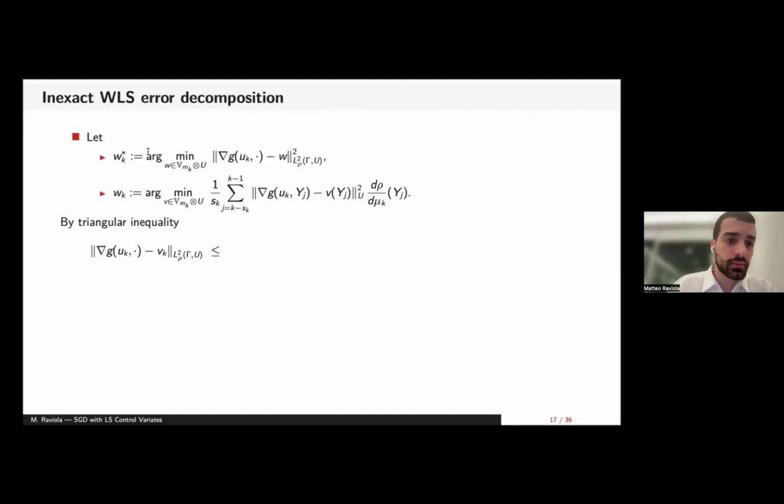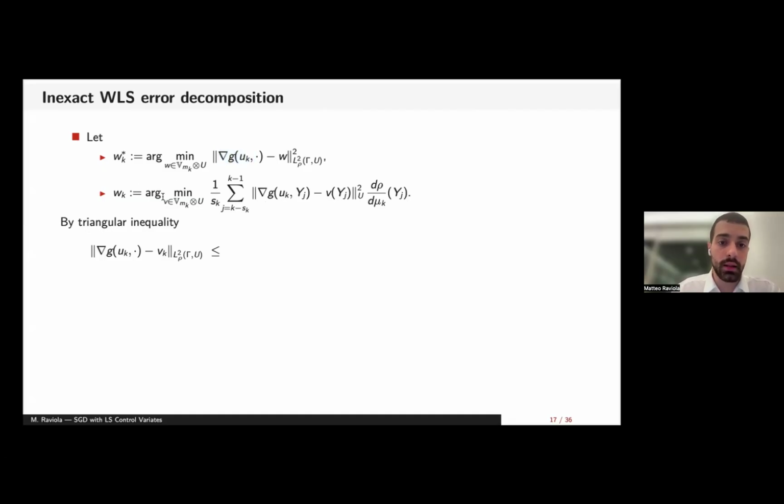So let me introduce this w star k, which is the best approximation in our linear space of the function that we are targeting at step k, which is the gradient of G at u k. So this is the best approximation, the projection of this function.